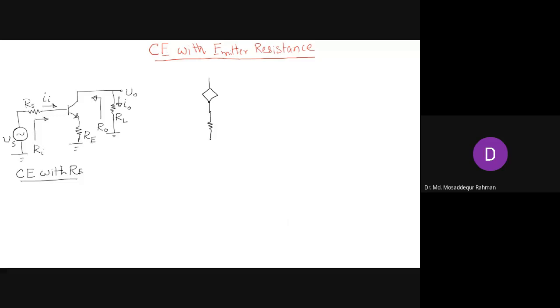So let's draw the, that is our T model. Small, sorry, re.